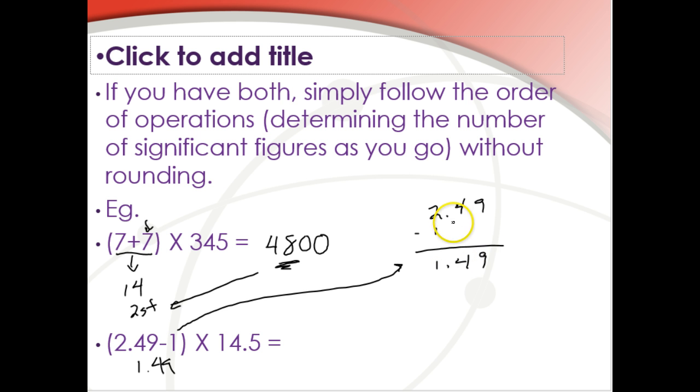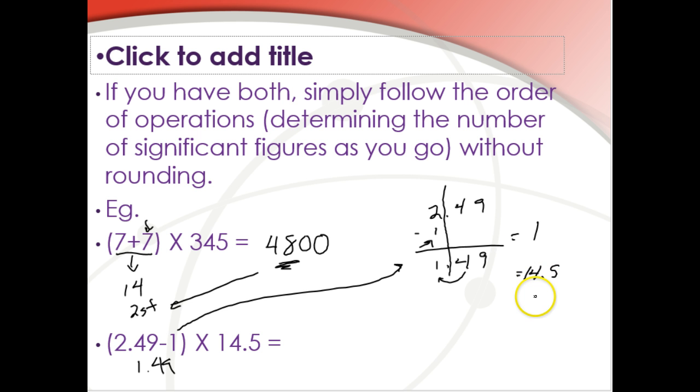If this was all we were doing, we would round off to the number with the least number of decimal places, which is 1, which doesn't have any decimal places. So we'd get about 1, right? 4 is less than 5, so we round down. So we'd get 1.